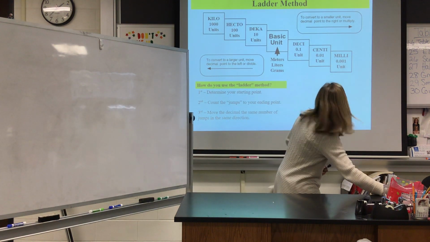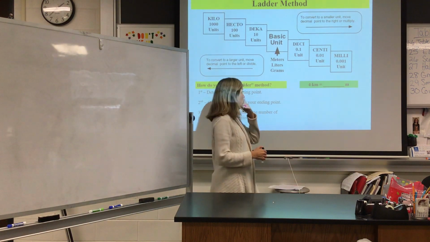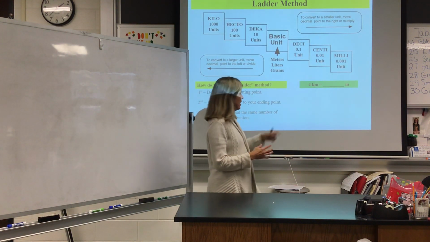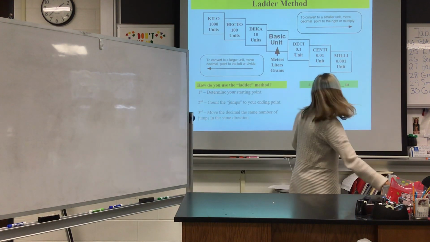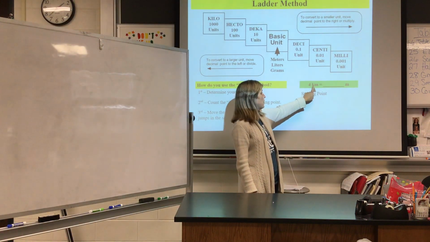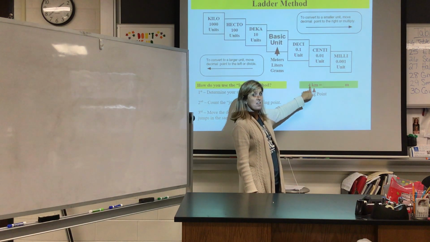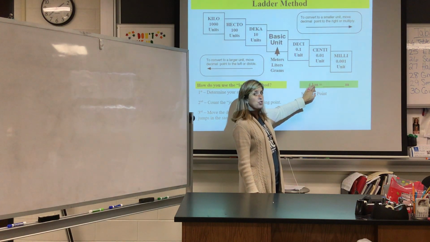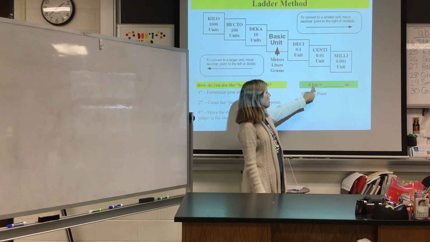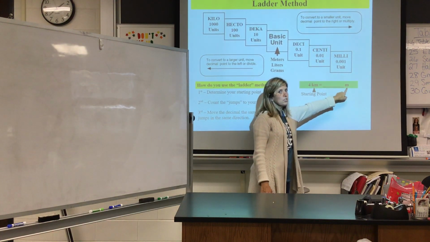Over here is a practice problem. So you're going to ask yourself the first thing, what's my starting point? Well, I always choose the prefix with the number in which I'm given. So it wants me to change 4 kilometers to, this is what I have to figure out, meters.